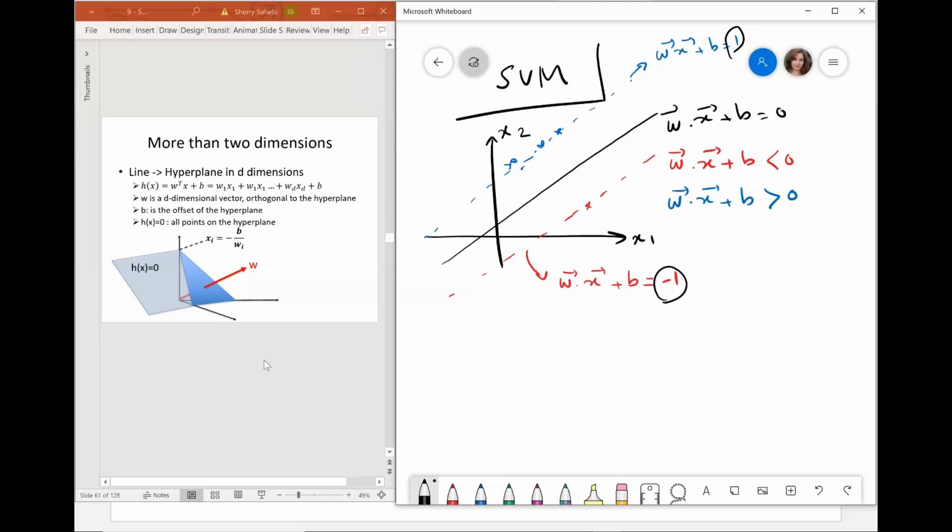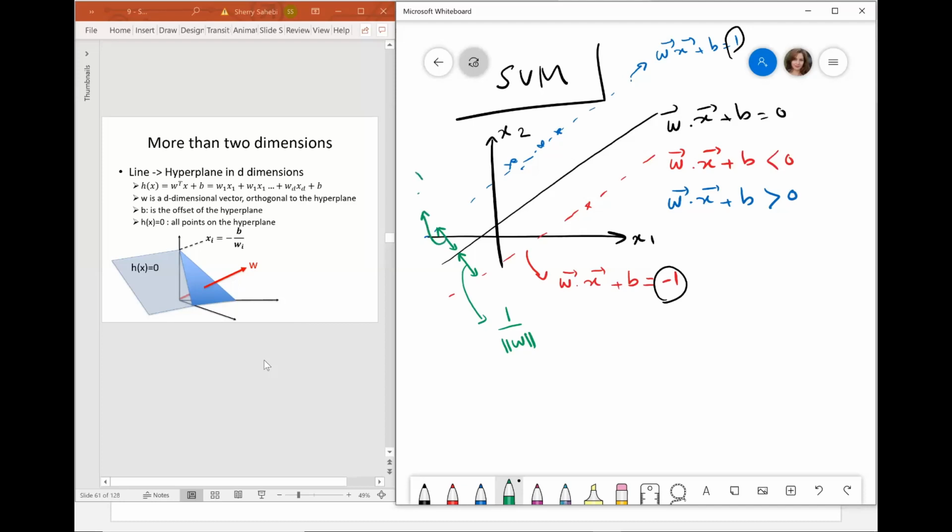Also, we have learned that we can calculate the distance between two parallel lines. So basically, if I have this black line here, and then I have two parallel lines with the same distance from the black line, in our example, when we have -1 and 1, this distance is actually equal to 1 over norm of w. We have learned that also in the last video.